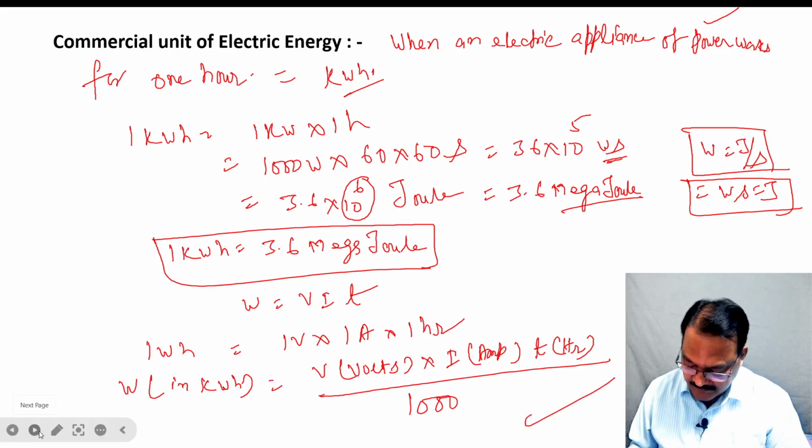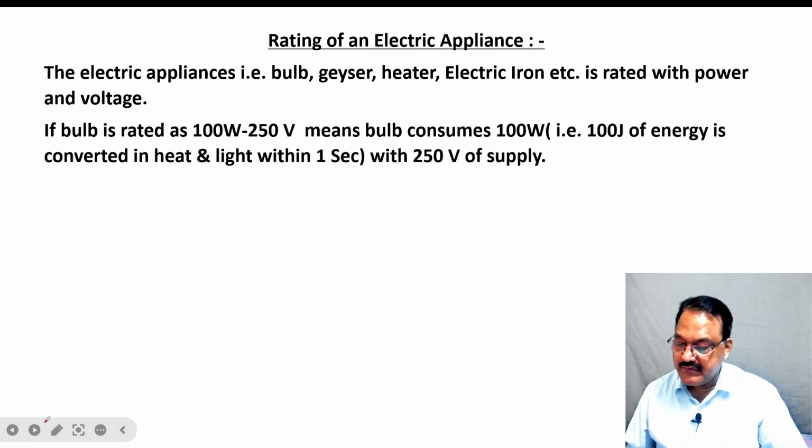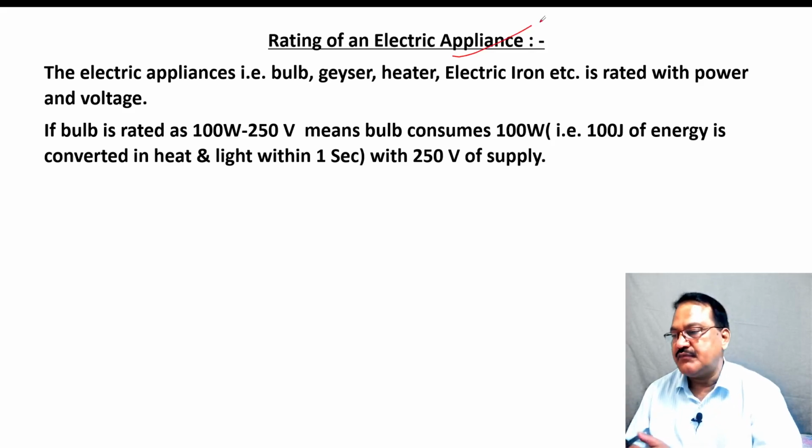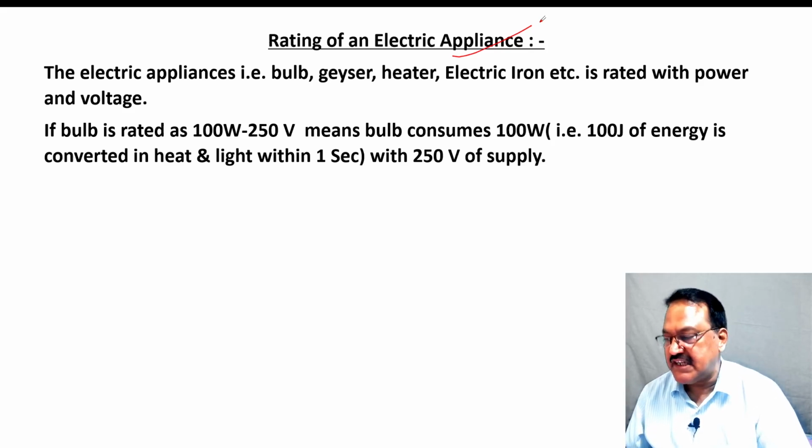Next, rating of an electric appliance. We might have seen, whenever we go to any shop for purchasing these items, the shopkeeper asks what rating you are going to purchase for the bulb.